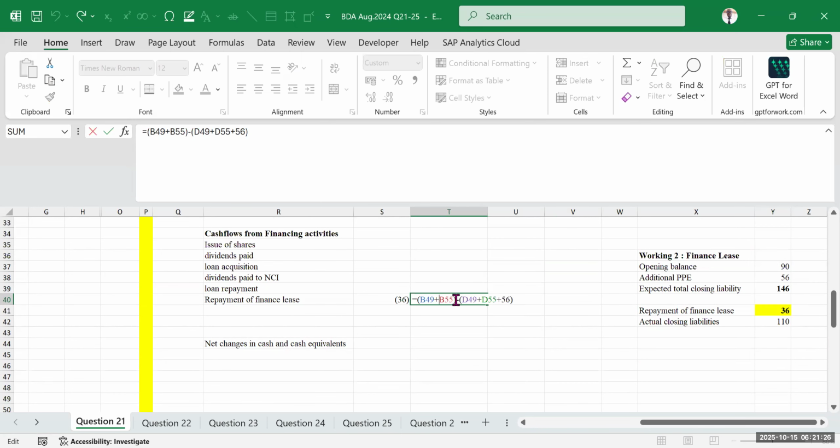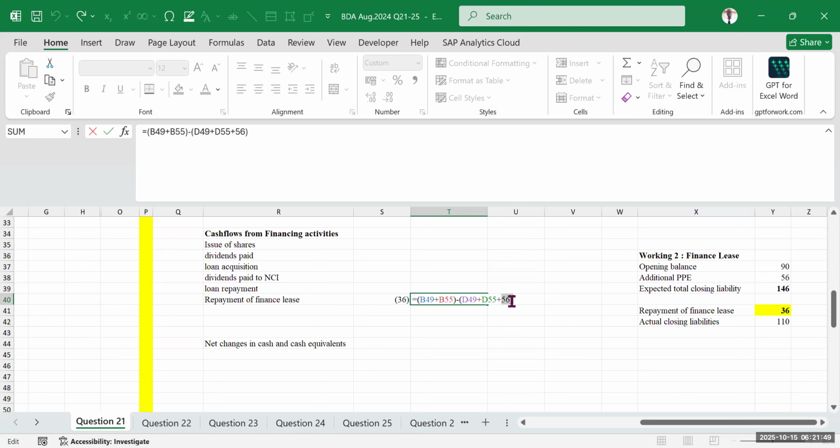The liability approach is: pick the closing, then subtract the openings. You see the openings are two, the same way we treated tax, deferred tax plus current tax. Then this adjustment is any additional liability during the year. If you talk about tax, it is any tax that is charged for the year. You add it like that.